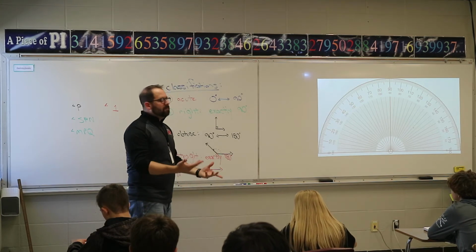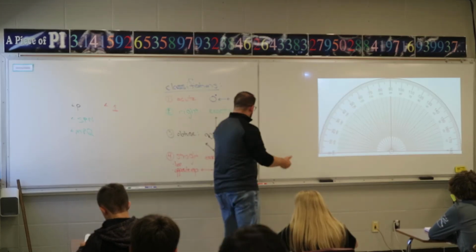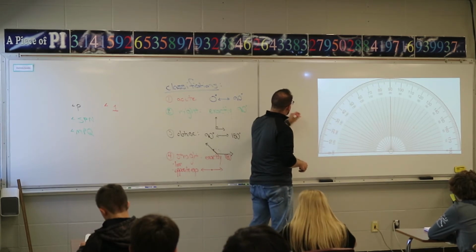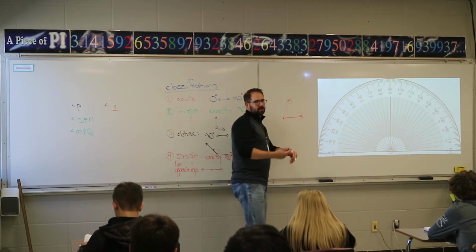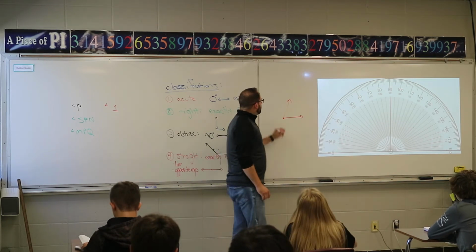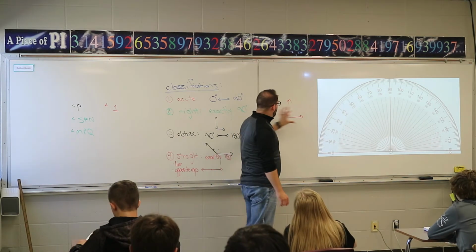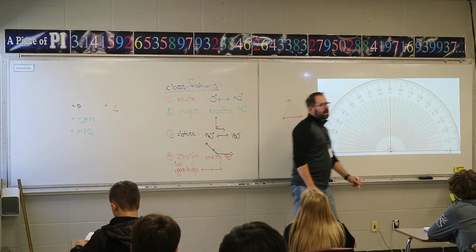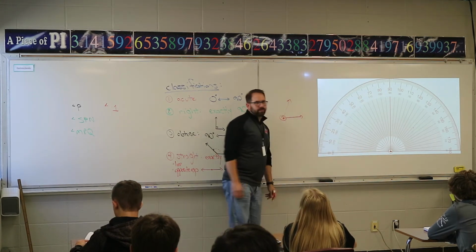Now, how you measure stuff with it. So let's say you had an angle on a piece of paper, right? So here's your angle. It's like that. Okay, it's an acute angle, right? It's smaller than 90. What you do is you take your protractor and slide it to a spot where this dot right here, this little crosshair, is right here.